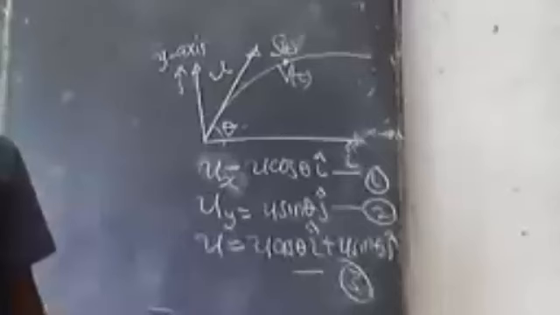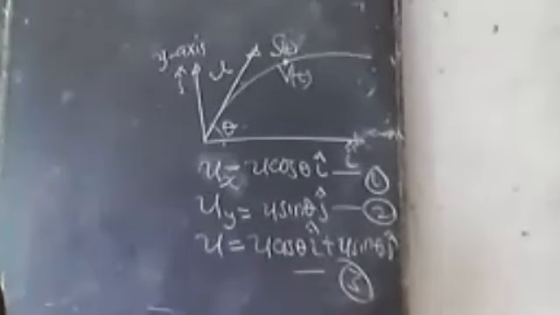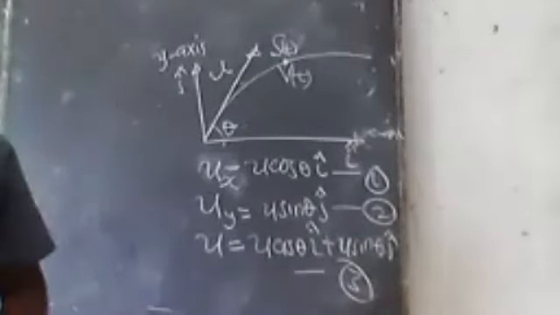So that is how we can represent the initial velocity in i and j notations. Keep this equation aside. So then let us find the velocity at any given time.